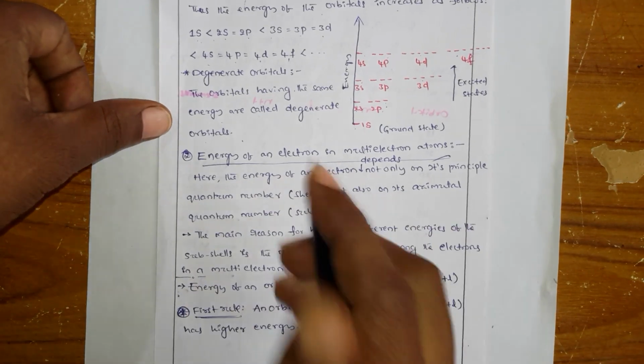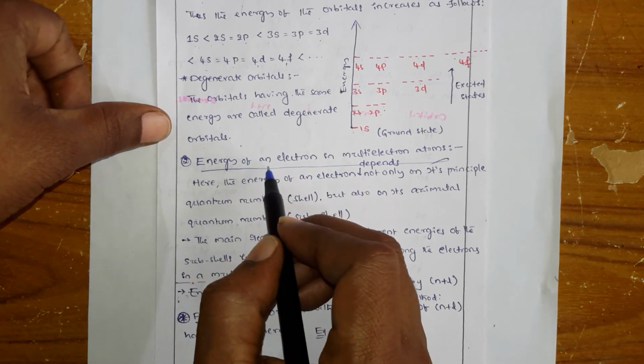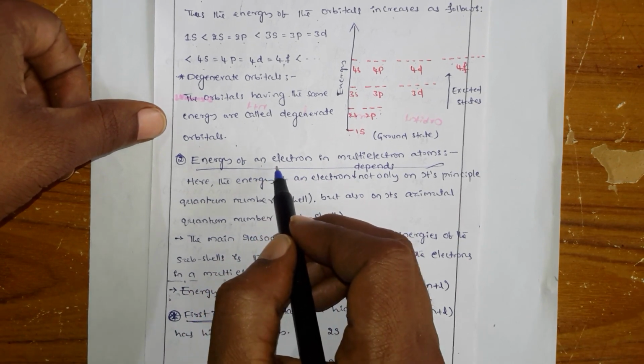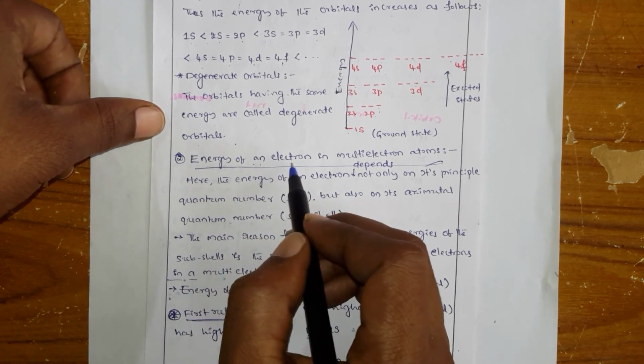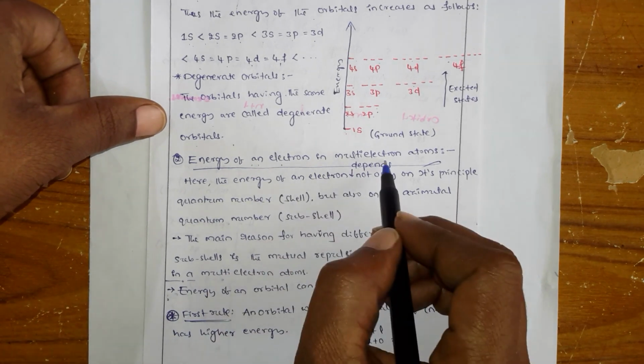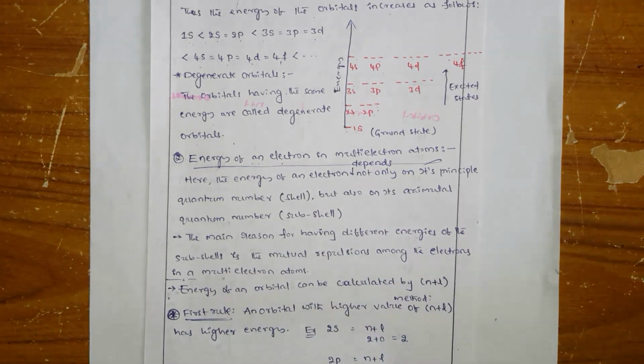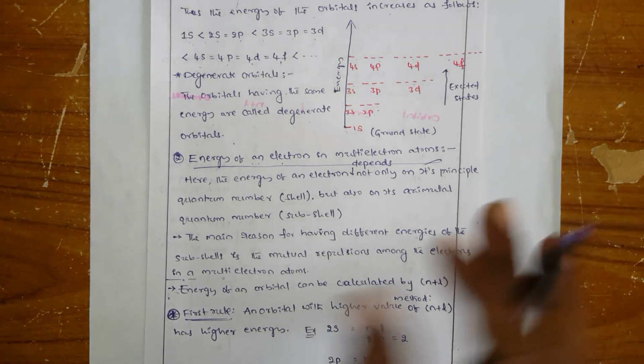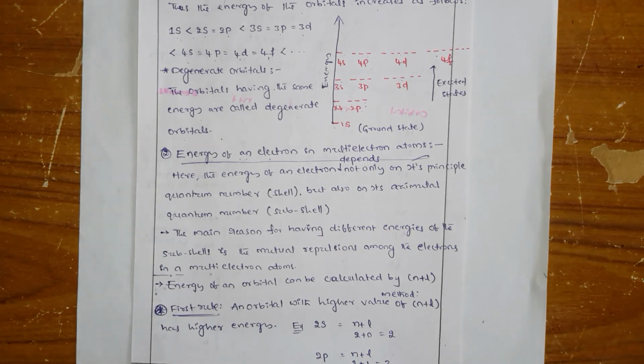Okay, now we can go to the energy of orbitals, the energy of electrons in multi-electron atoms. Energy of orbitals in multi-electron atoms, more than one electron. So here there is some logic.